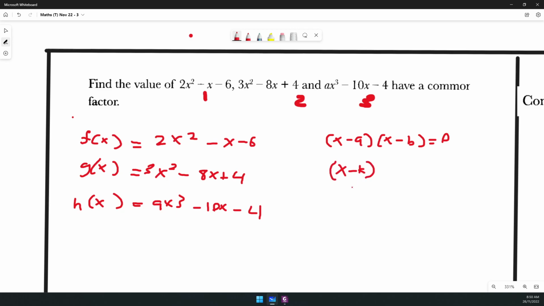So what do you do here? You input the value of k. If k is your factor, that means you should get 0 here, right? If it's a common factor.